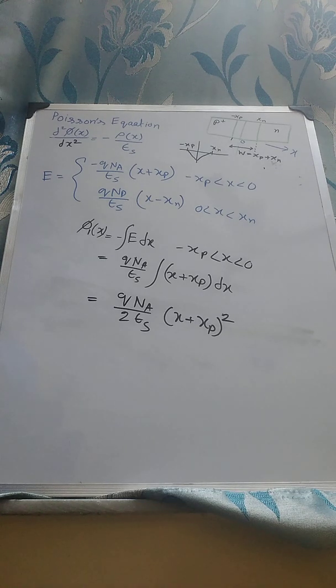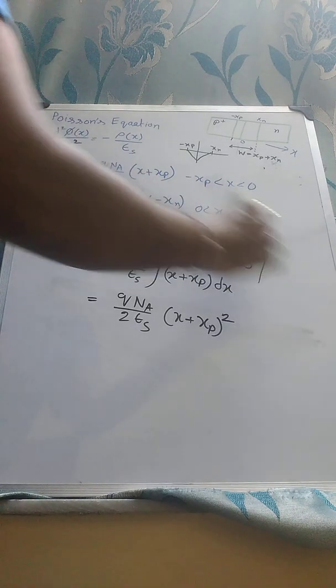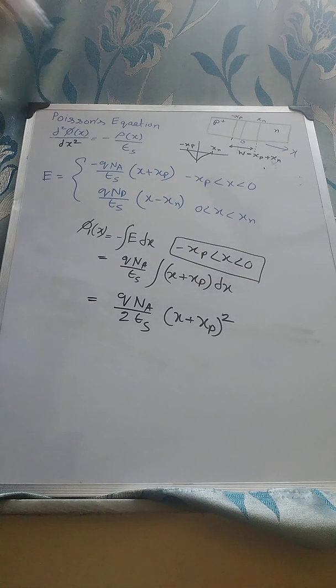So this is the expression of phi 1 of x in this interval, right? So this is only valid for this interval. Fine.